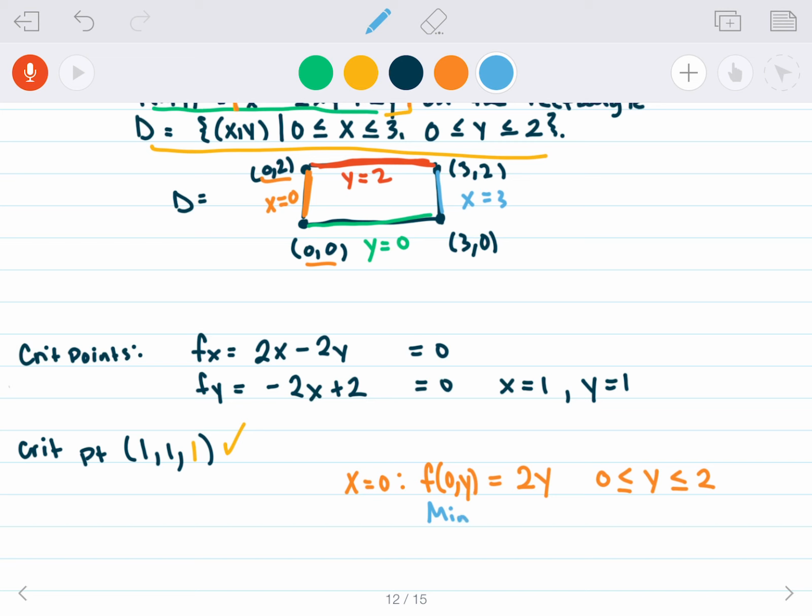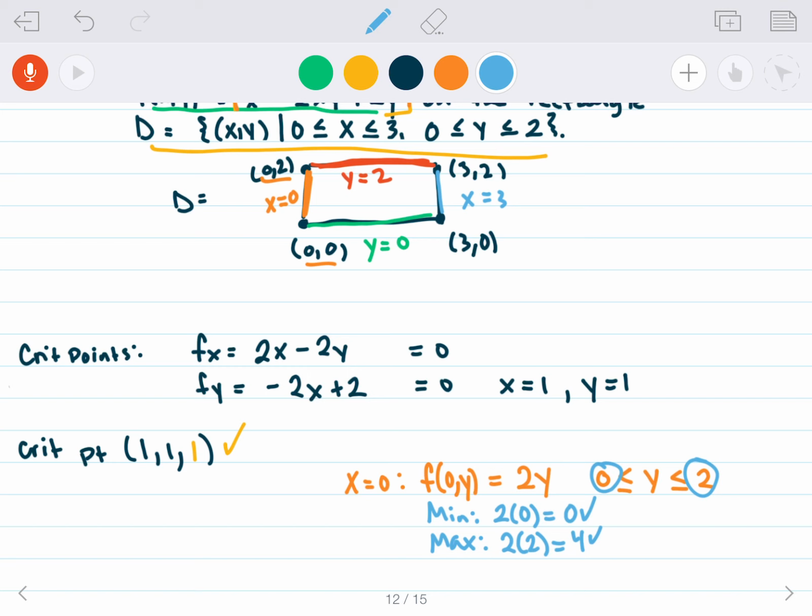Well, the minimum value is going to be when y equals 0, so 2 times 0 is 0. So this is a possible absolute max or min. The maximum value on this boundary is going to occur at the other end when y is equal to 2. When y is equal to 2, we get 2 times 2 is equal to 4. So that's a possible max.